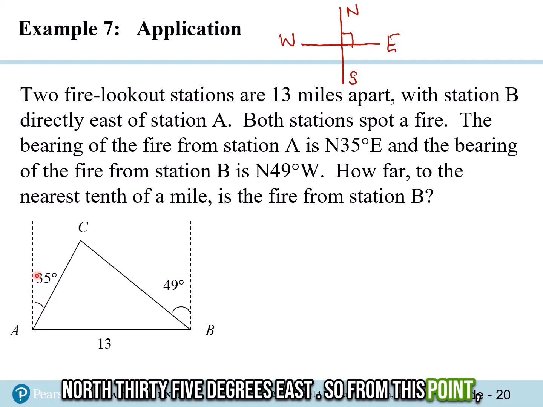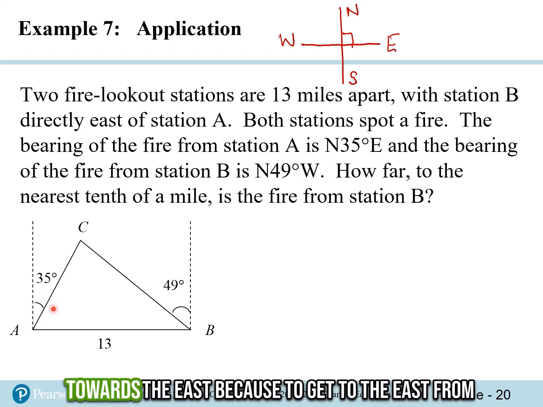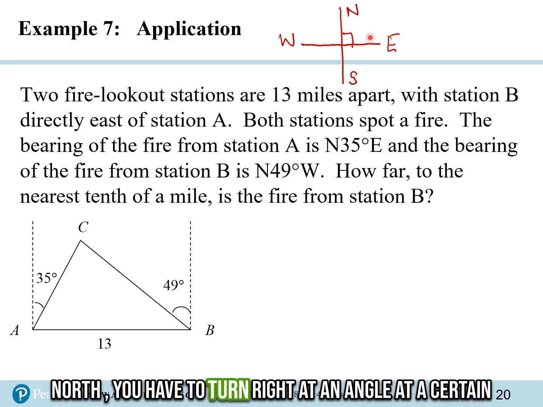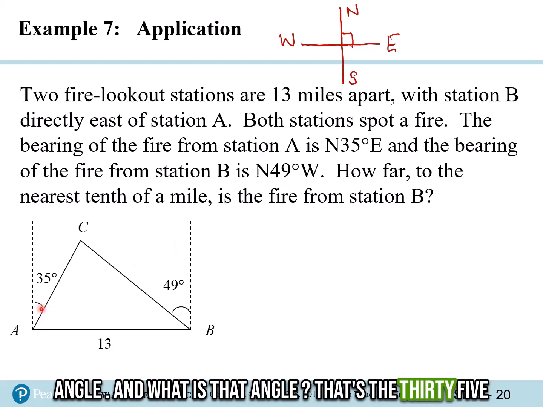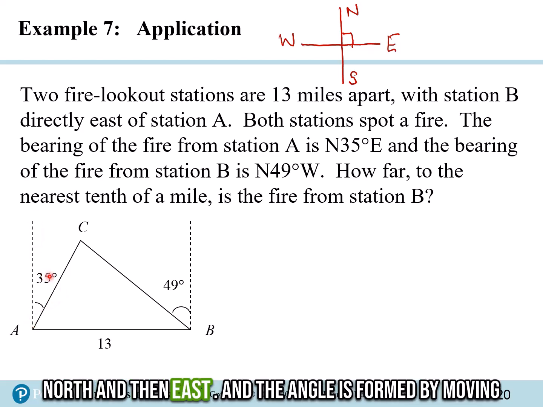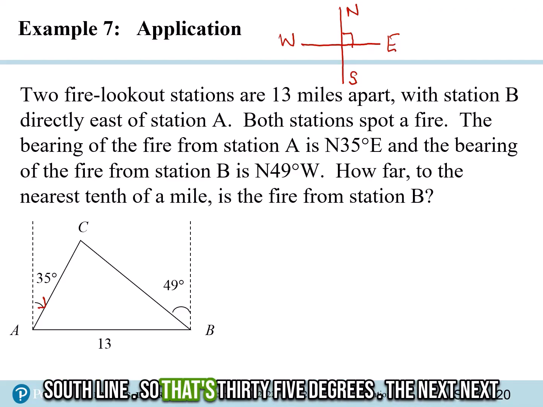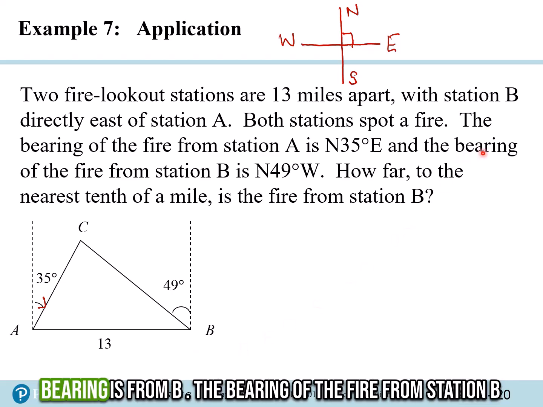So from this north line, you have to turn right towards the east, because to get to the east from north, you have to turn right at a certain angle. And what is that angle? That's the 35-degree angle. So here we have 35 degrees north and then east. And the angle is formed by moving in the clockwise direction, moving right of the north-south line. So that's 35 degrees.